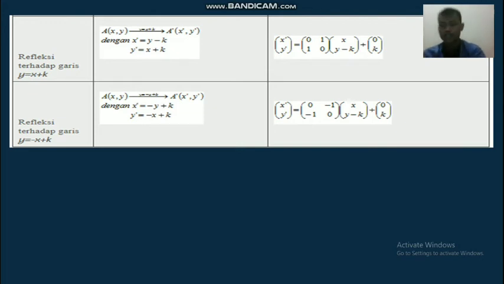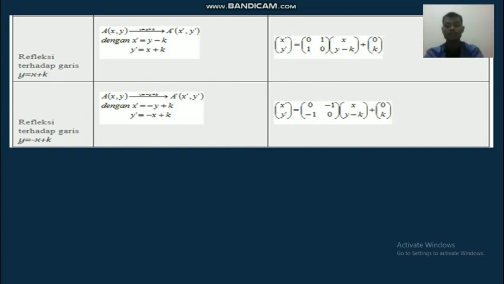And then reflection on the line y = x + k, and the formula is A(x, y) reflected on y = x + k to be A'(x', y'), and the matrix is [x', y'] equals [0, 1; 1, 0] multiplied by [x, y] minus k plus 0, k.